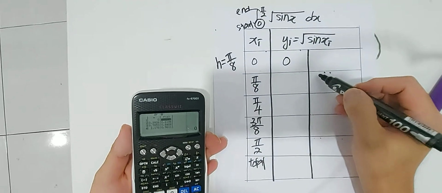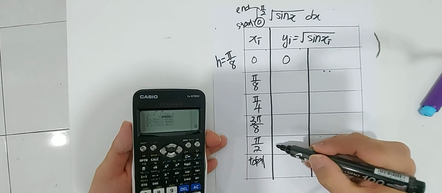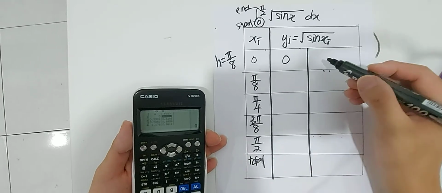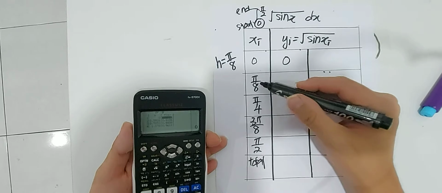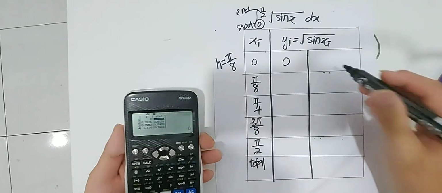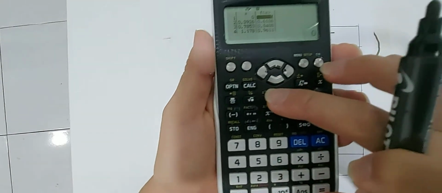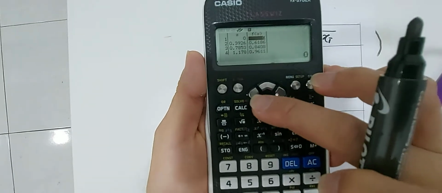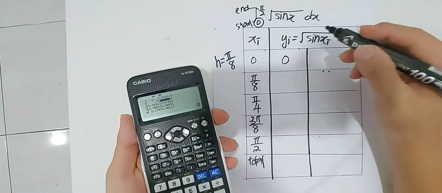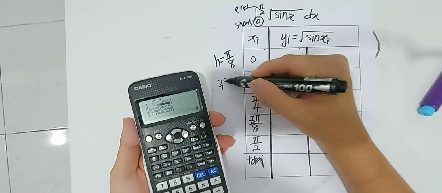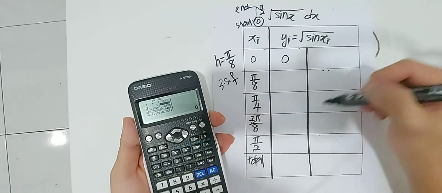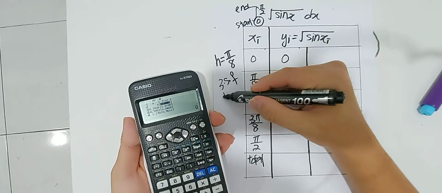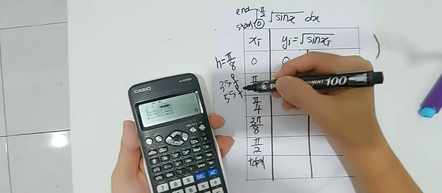The first and the last value we're putting here, and the middle values we're putting here. So let's go down. This question requests 3 significant figures. In the table we can give 4 or 5 significant figures, right?